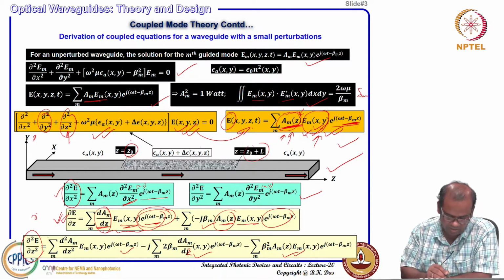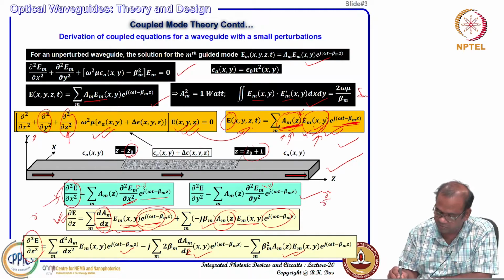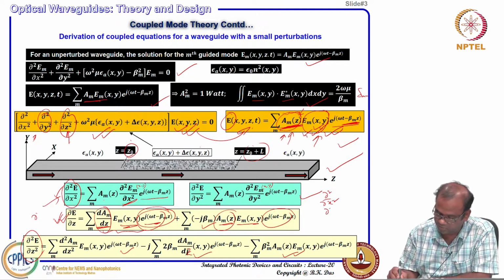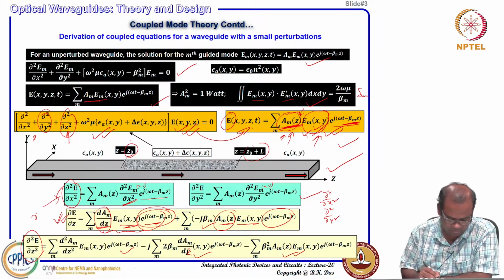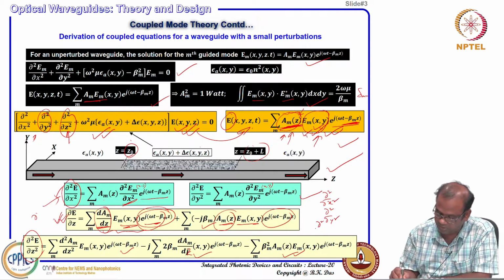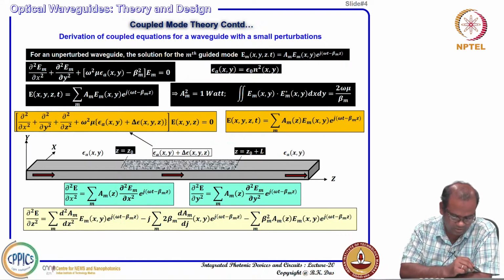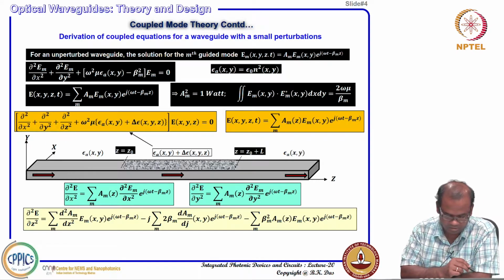So I now have this del 2 del x 2 term, whatever the value I have now, and I also have the del 2 del y 2 term, and the del 2 del z 2 term also; I have all these terms. What I will do next is insert this into this function here.